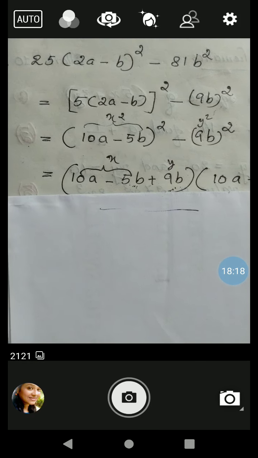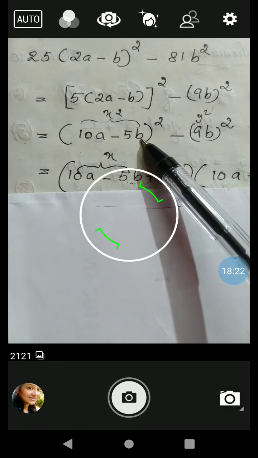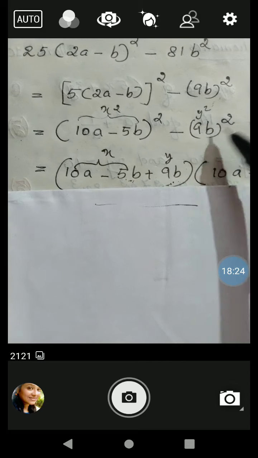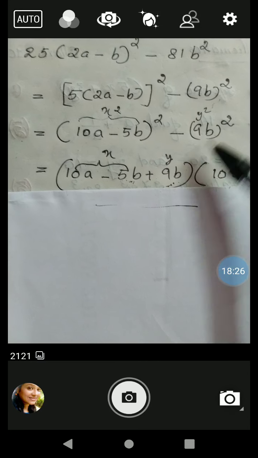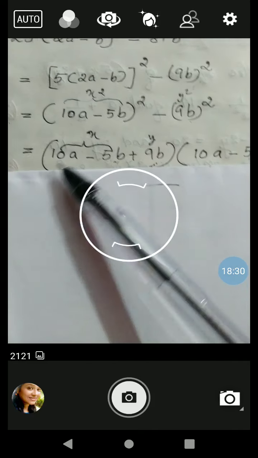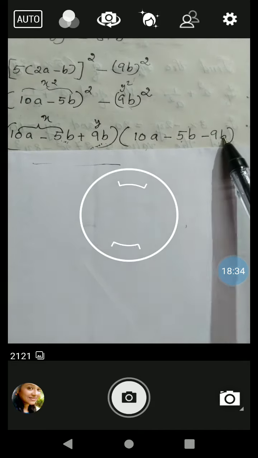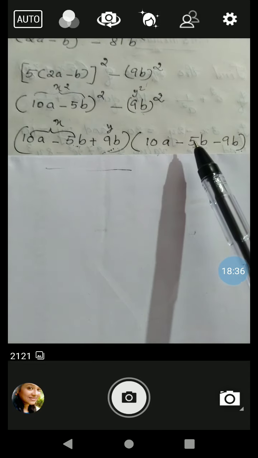Therefore, this can be written as (10a minus 5b plus 9b) into (10a minus 5b minus 9b). That is x plus y into x minus y. Right? Now, any simplification possible?